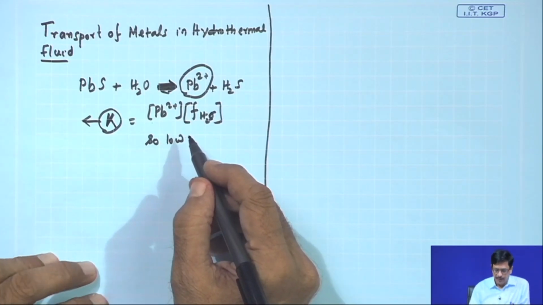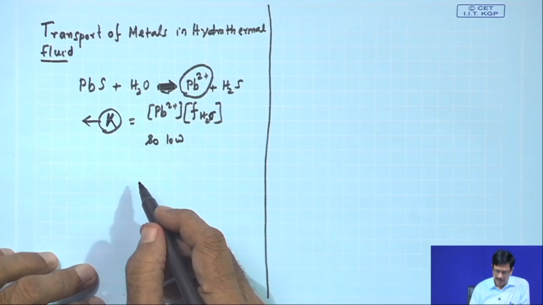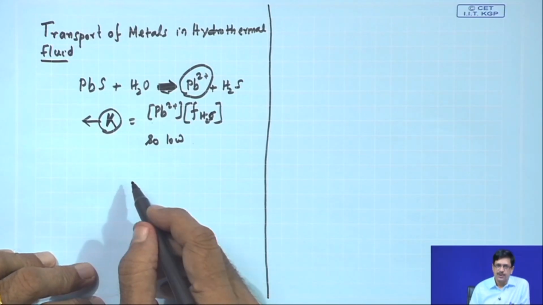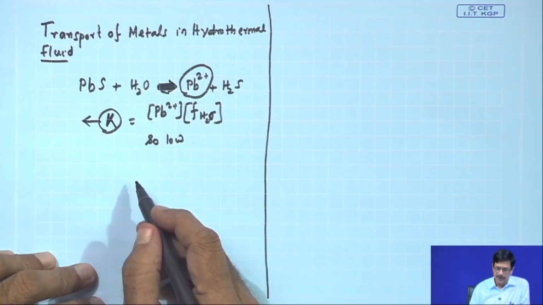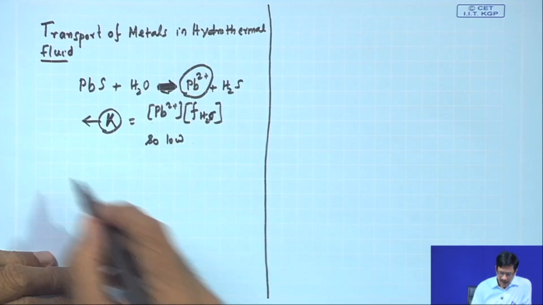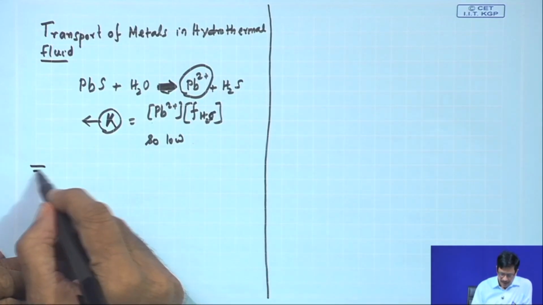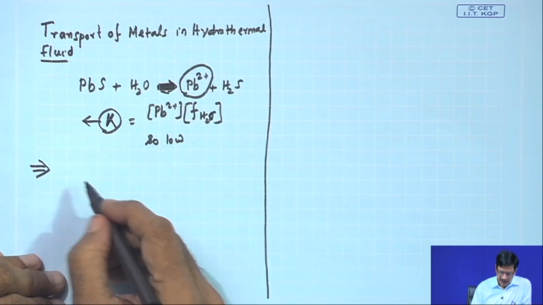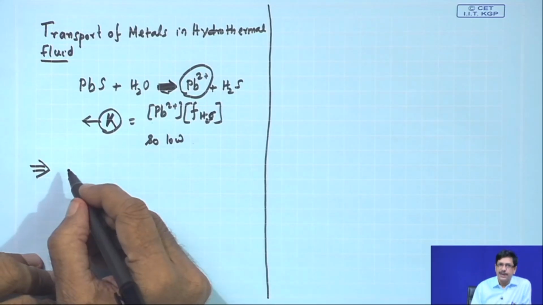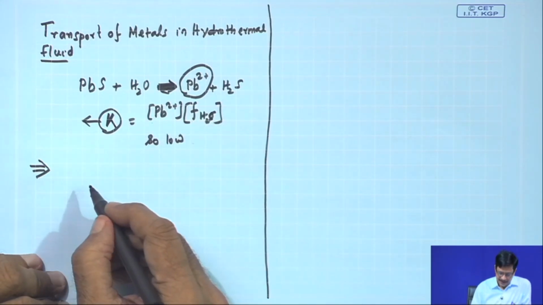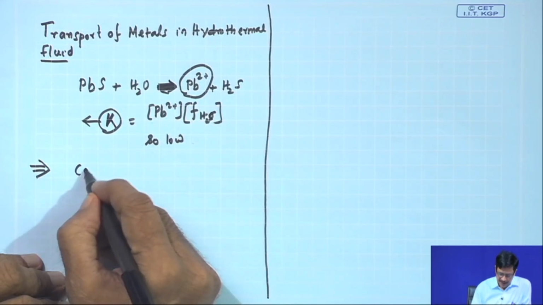So, it led people to do a lot of hydrothermal experiments to understand the mechanism of solubility of these metals, and it was observed that these metals are actually not transported as metallic ions, but as complexes.